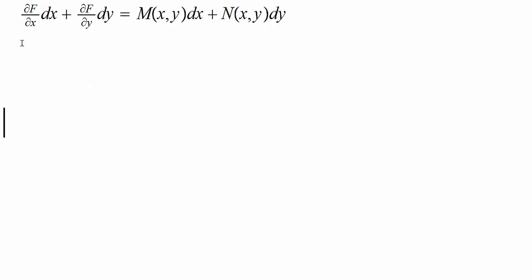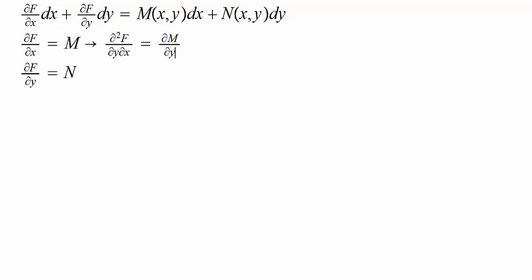From here you may recognize that this means that the partial of f with respect to x is M, which is what I am doing to make our notation short, and this equals N. Now what this will imply is that the second derivative of f, with respect to x first and y next, equals the partial derivative of M with respect to y.